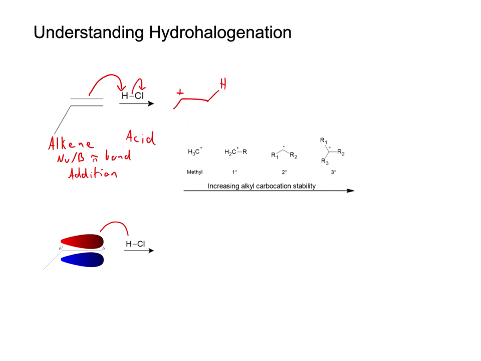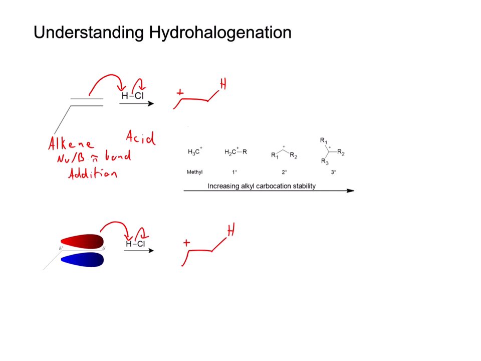And you can already see that that partial positive charge is forming on the more substituted carbon. So this is the same idea here, where the hydrogen gets added to the right-hand side, and once that bond officially breaks and makes the new bond to hydrogen, we're going to have a carbocation left over. And this visualization really helps you see and understand that process.